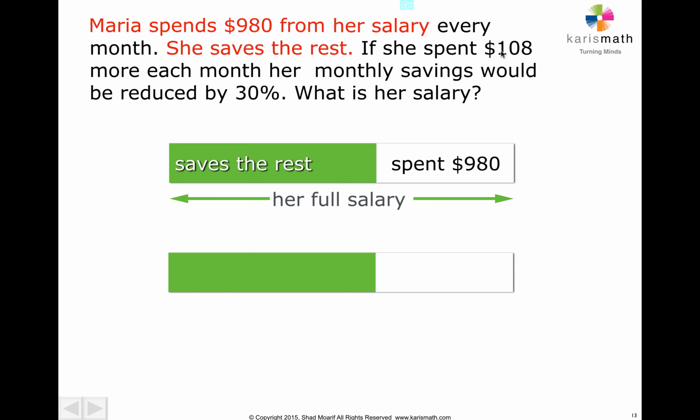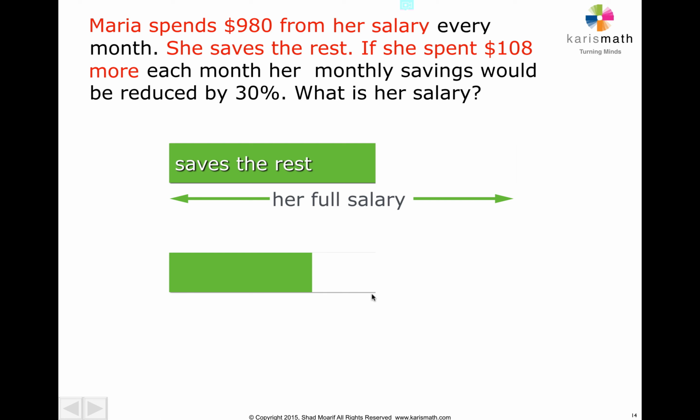If she spent $108 more each month, let's show $108 more here by extending the amount she spent. So this is the extra $108 more that she spent. Okay, so she spent $108 more, which means we have to show that here too. There, that's $108 more that she spent.